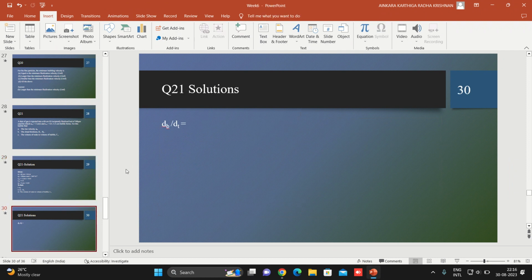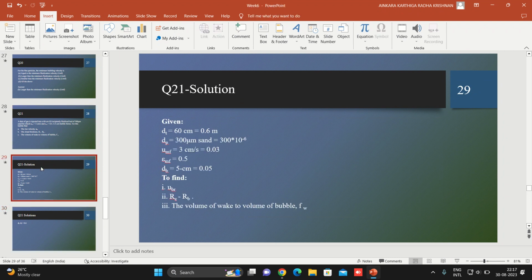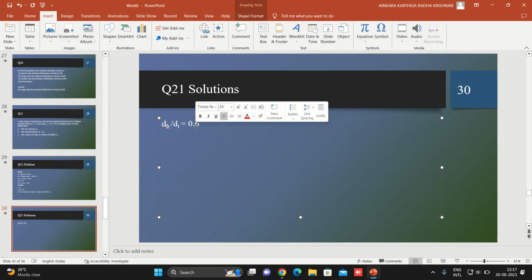So the first step is dB by dt. dt is 0.6, dB is 0.05. 0.05 divided by 0.6.